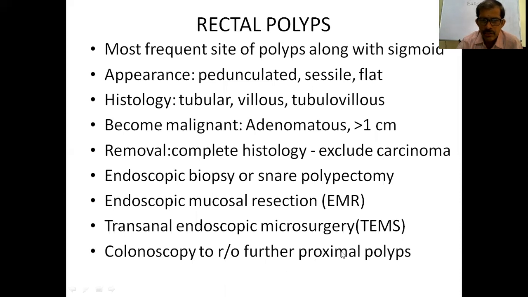You have treated the one which is lowermost, the low hanging fruit, but inside you have forgotten or neglected, and it can lead to carcinoma of the colon. So you have to be very thorough and do colonoscopy to exclude other polyps. So this is in short rectal polyps.